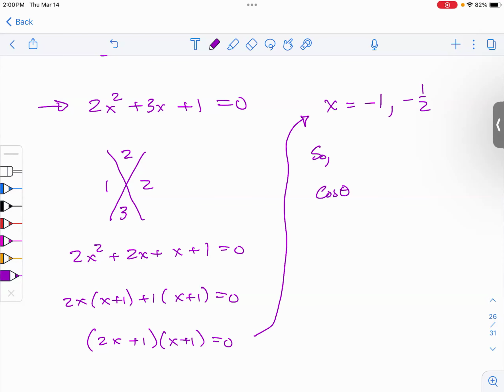So cosine theta = -1 and cosine theta = -1/2.